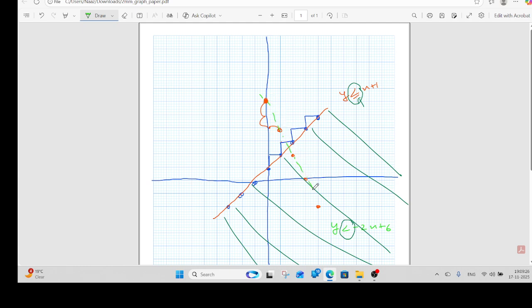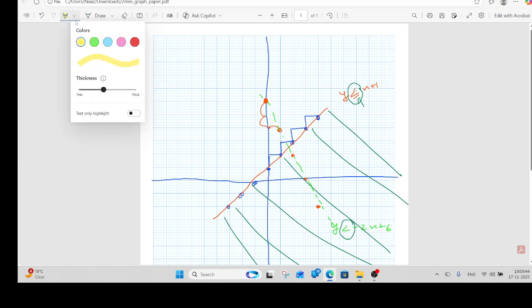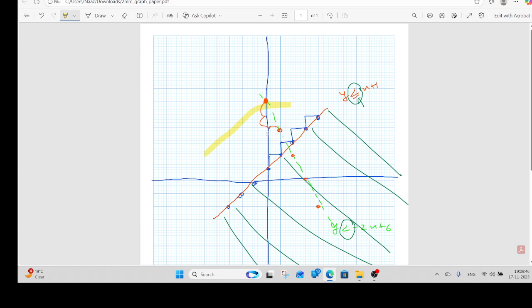It means that this value is not included because it is less than. Less than means below this all values are included, right? So below this line is this region, right? So for these values, this inequality is going to be true.